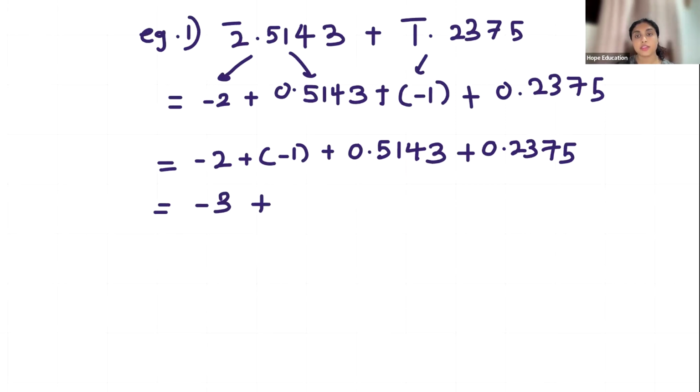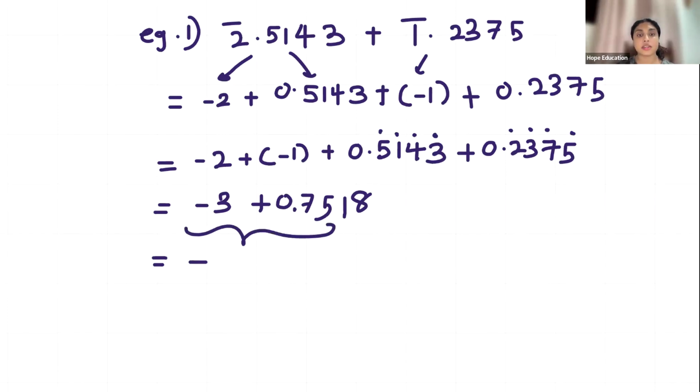Here 3 plus 5 is 8. 4 plus 7 is 11, 1 remaining. 1 plus 1 is 2. 2 plus 3 is 5. 5 plus 2 is 7. So adding the mantissa gives 0.7518. At the end, we combine both and write it like this: bar 3.7518.